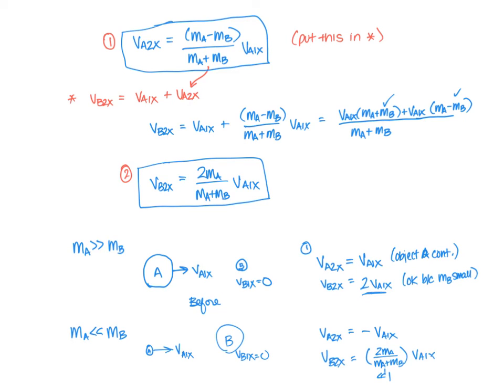Now, one last thing that is actually going to help us when we do problems is a conclusion about relative velocities in a scenario like we just described, where we have two objects making one-dimensional elastic collisions with each other. So if we go back to this equation that we marked with a star, this is what it was.